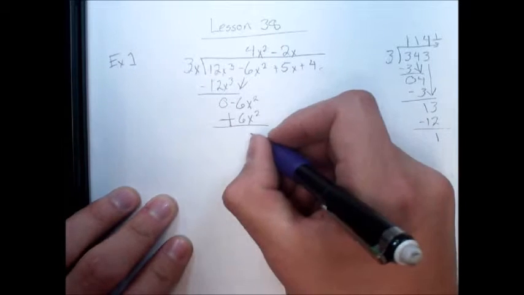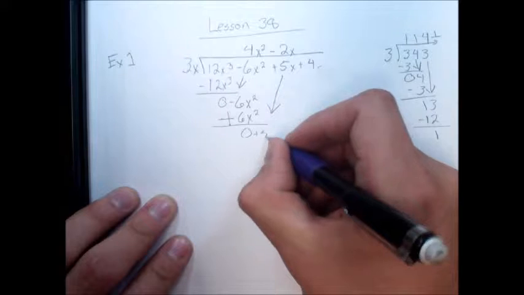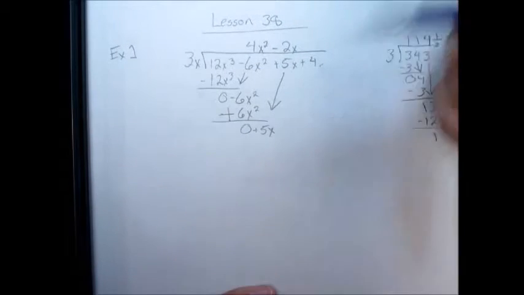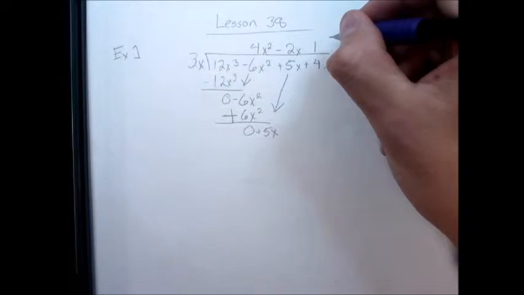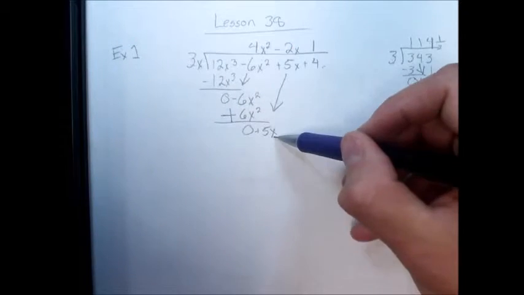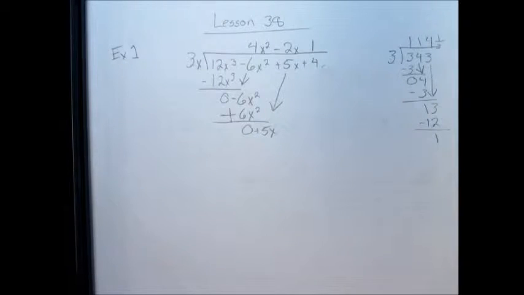And that becomes 0 again. And I drag down my next number. 5x is next. How many times does 3 go into 5? Goes in there 1 time. And how many times do I need my x to go in to change to an x? No, nothing, right?